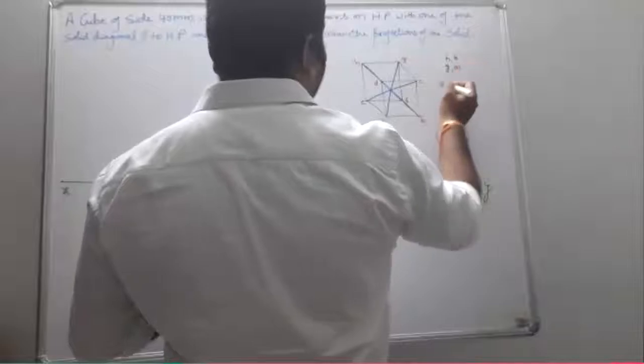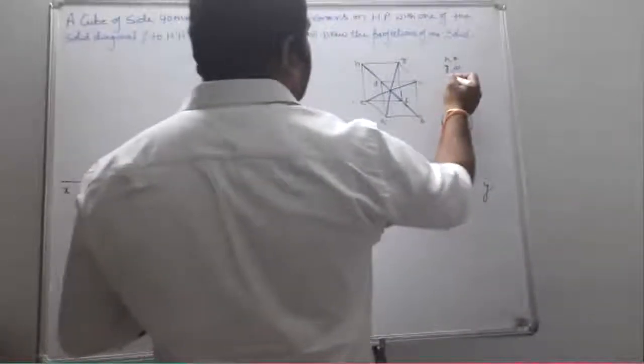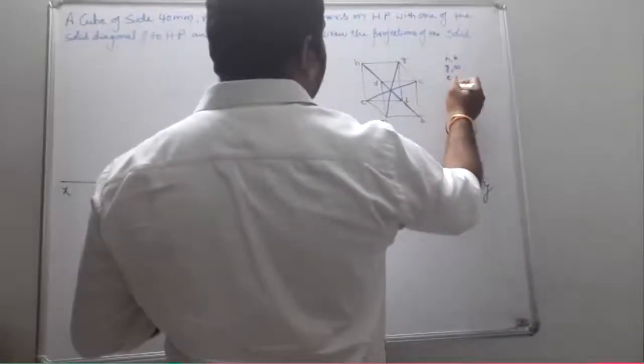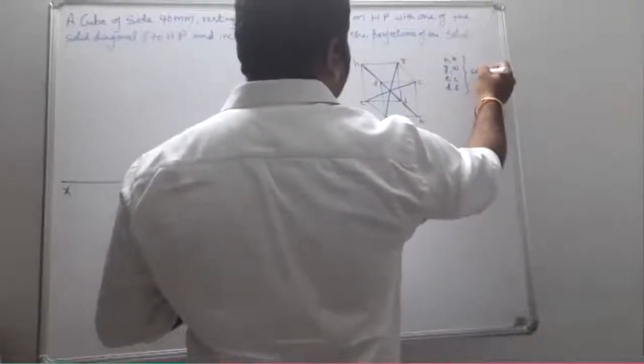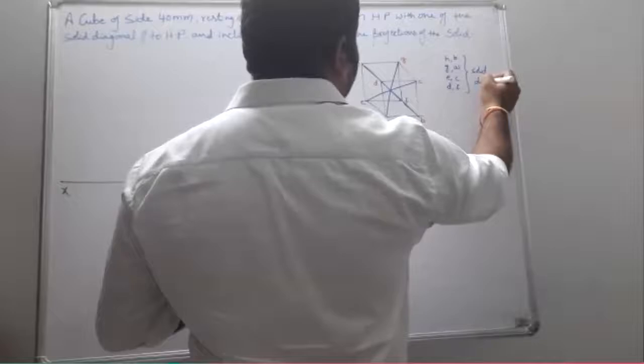So H comma B, G comma A, E comma C, D comma F. Let us consider these are the solid diagonals.